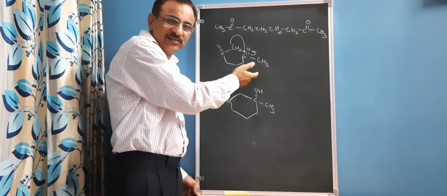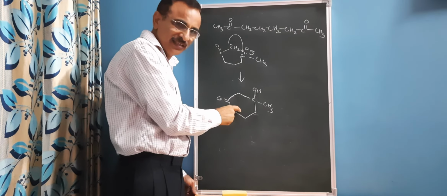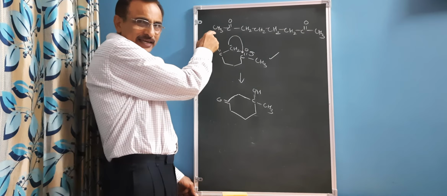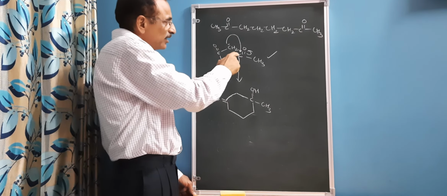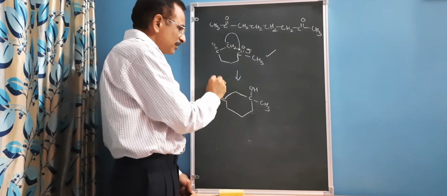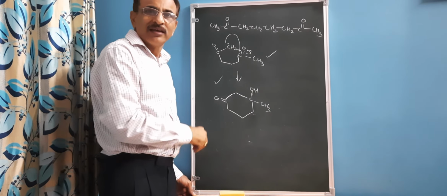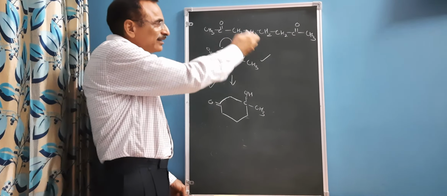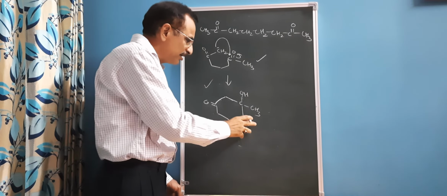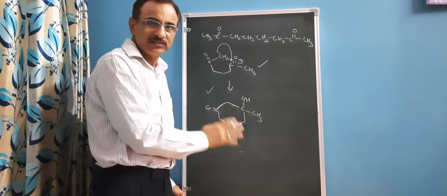Intramolecular aldol condensation reaction takes place here, and if an anion forms at this carbon atom, it approaches here and cyclizes to form this. This is how internal, or intramolecular, aldol condensation reaction takes place. Thanks.